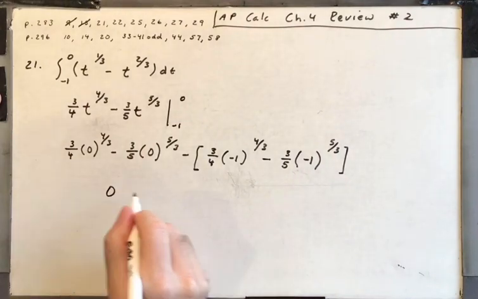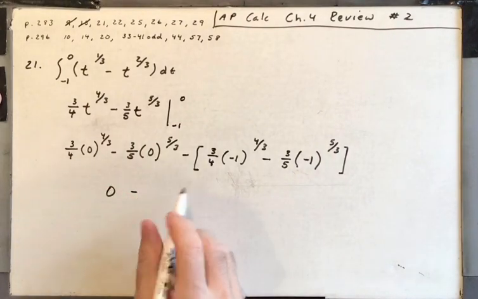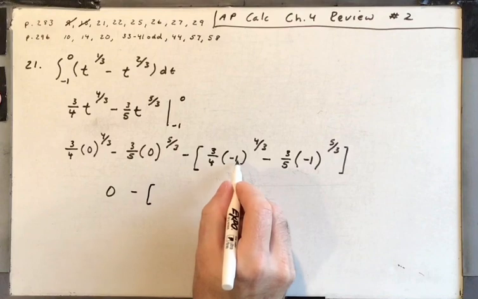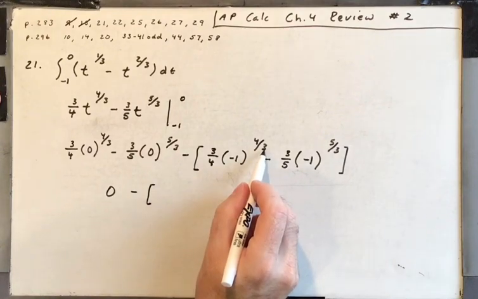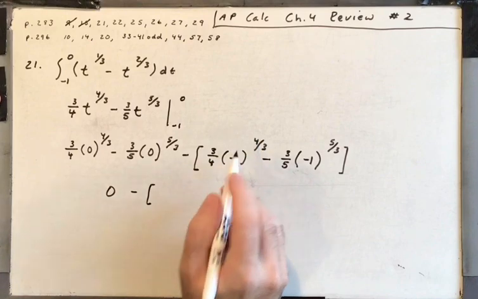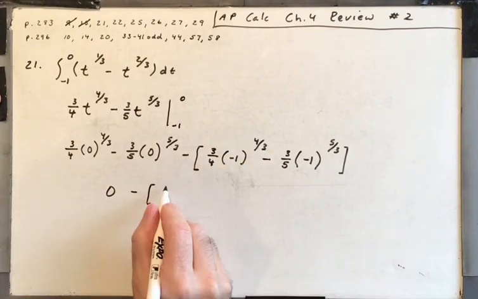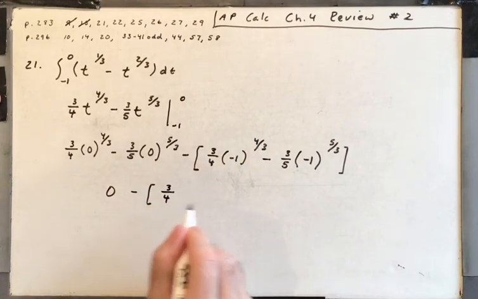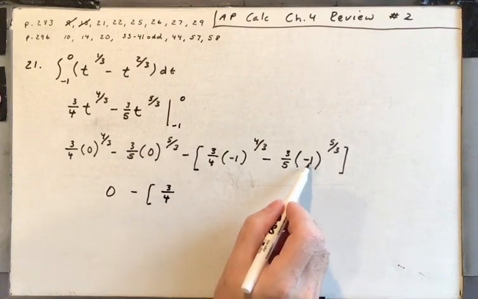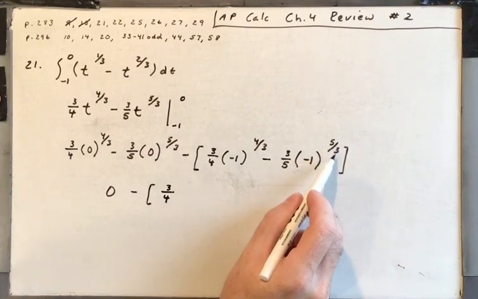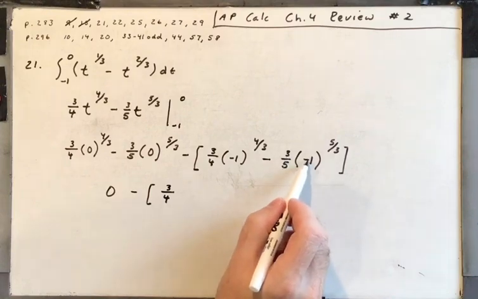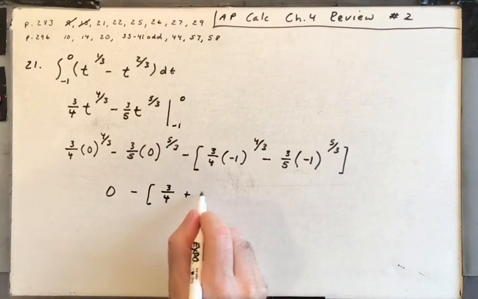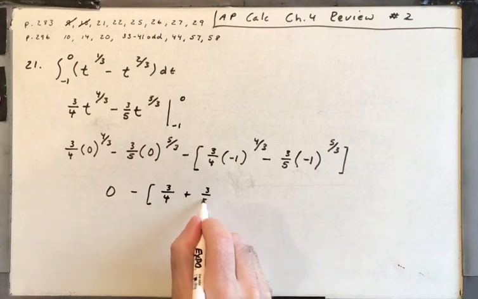Okay, big 0 on the left side. The cube root of -1 is -1, but then to the 4th power is going to be 1. So that's 3/4 times 1, 3/4. Use your calculator. -1 to the 5/3, they're both odd, so that's going to be -1. So negative 3/5 times -1 would be plus 3/5.